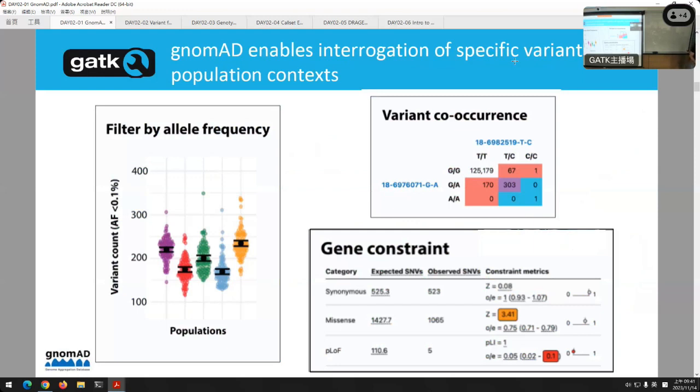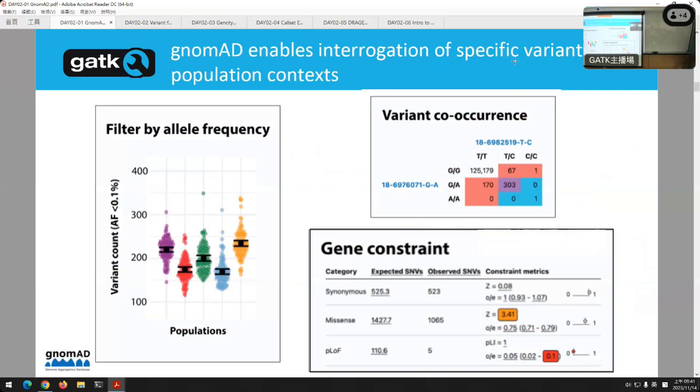Where is there less variation observed than expected? If we do find that there's a depletion of variation, that indicates that that gene or region is probably subject to evolutionary constraint. So if there is a mutation that occurs, it is probably not propagated within the population. It doesn't have a chance to become common because it's quite deleterious.